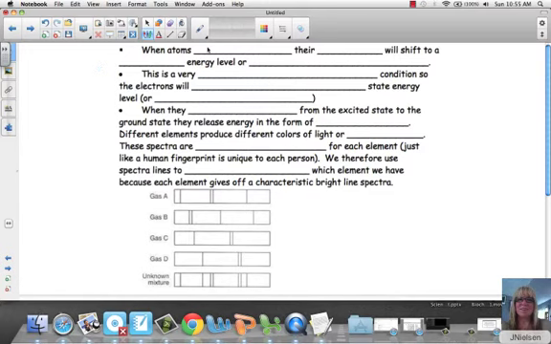So when atoms absorb energy, their electrons will shift to a higher energy level, or what we call the excited state. This is a very unstable or temporary state.